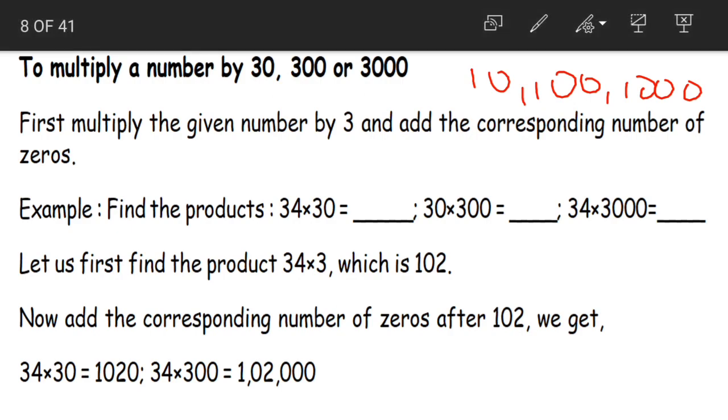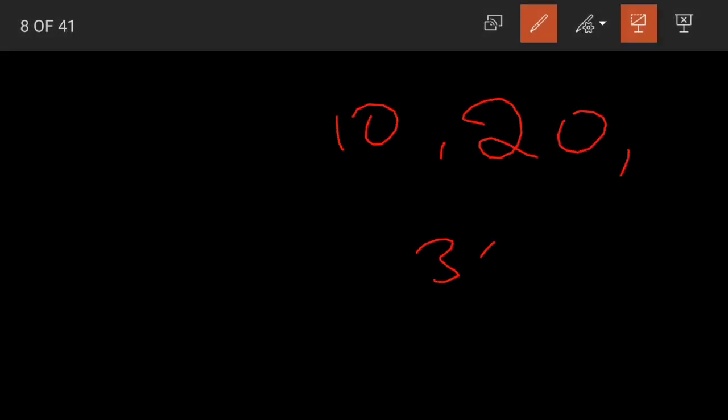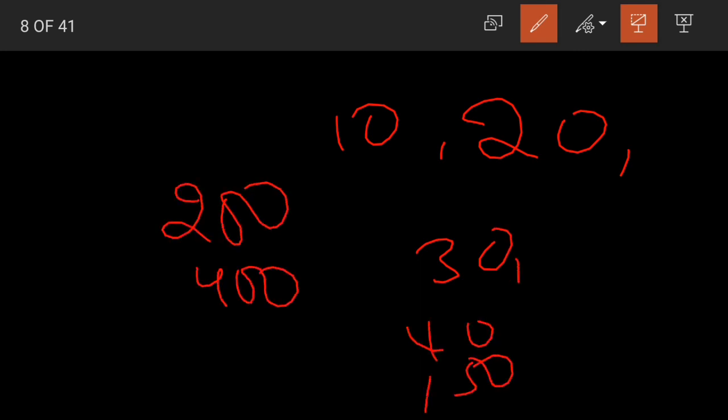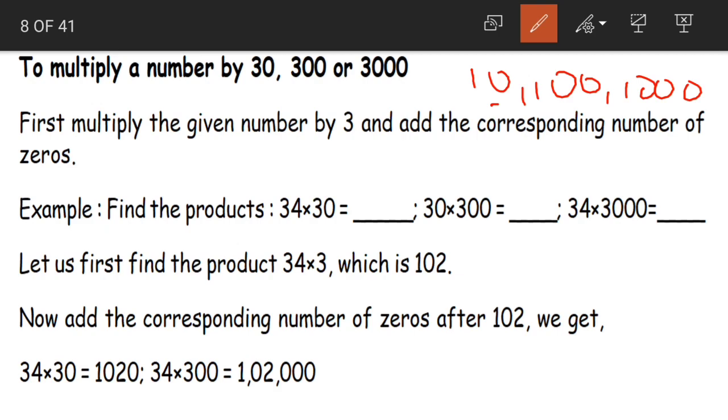Any number which has a 0 in it, say 10, 20, 30, 40, 50 or 200, 400. For any number where only a single digit is a non-zero number, and the other digits are zeros, you can apply this technique to any such number. Yes, so how to multiply? First multiply the given number by 3 and add the corresponding number of zeros.